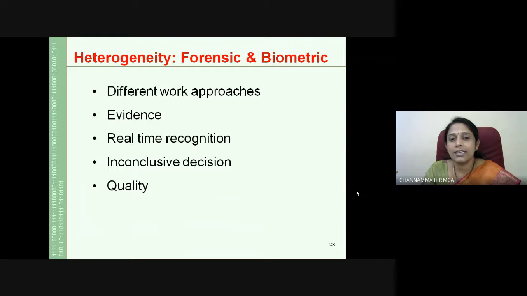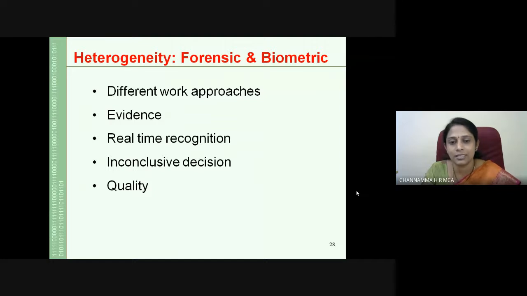And of course, the quality of the evidence with respect to the biometric trait at the scene of crime is not up to expectation, and it will not give complete information. But in a biometric system, quality is not a matter because it is taken in a controlled environment.